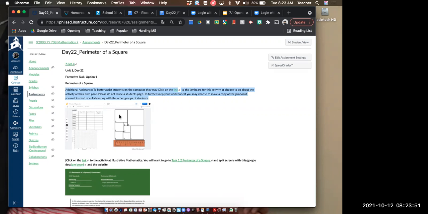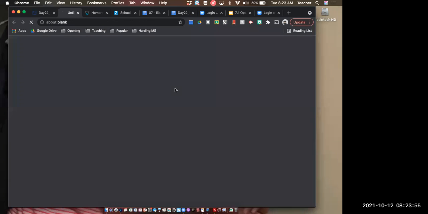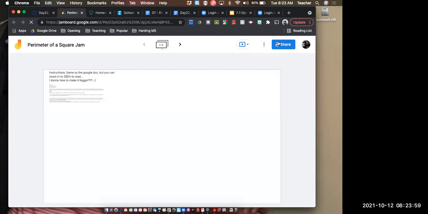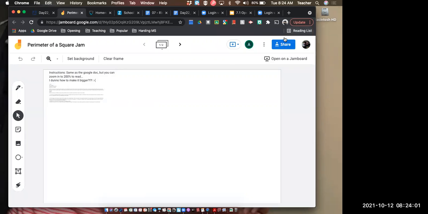All right. So this is a picture of the Jamboard. And I'm going to click on the link, and it's going to take me to the Jamboard. And I think I set it up with the share option, so hopefully it works.